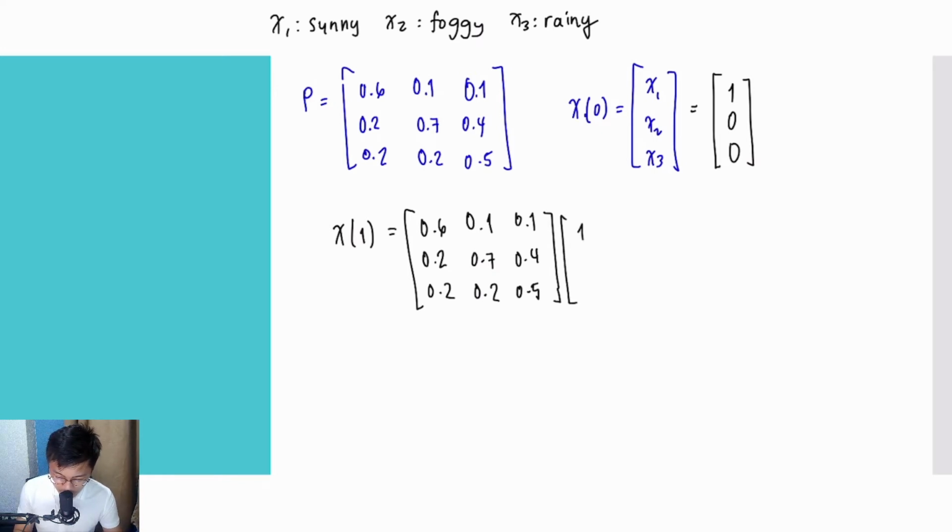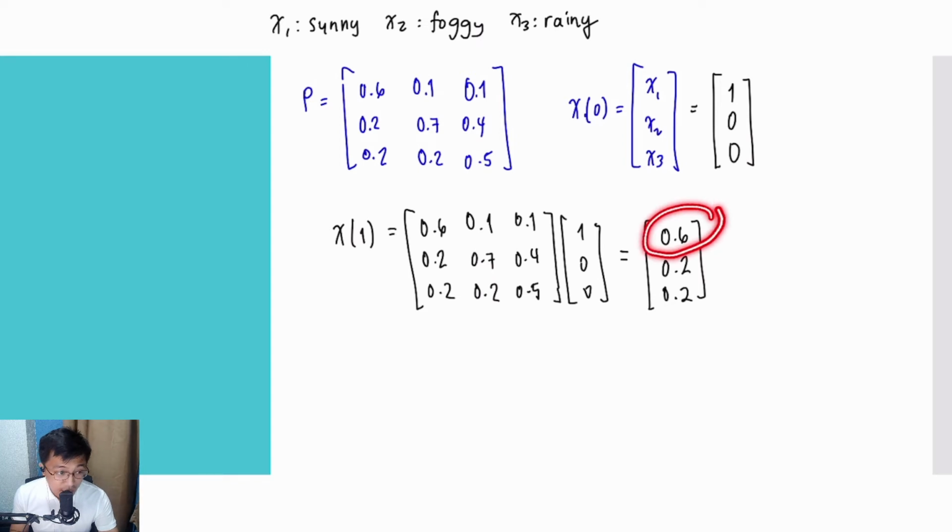So we multiply it by 1, 0, 0, and by matrix multiplication we would get 0.6, 0.2, 0.2. So it means that if today is sunny, there's a 60% chance that tomorrow is sunny, and 20% chance that it will be foggy or rainy tomorrow.